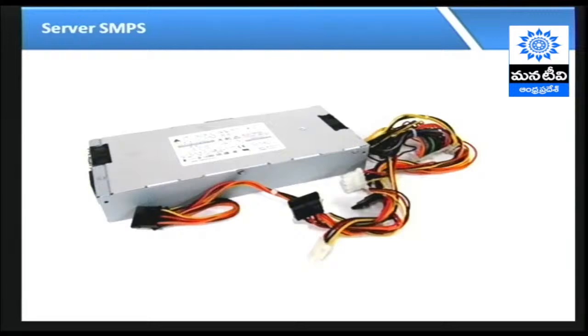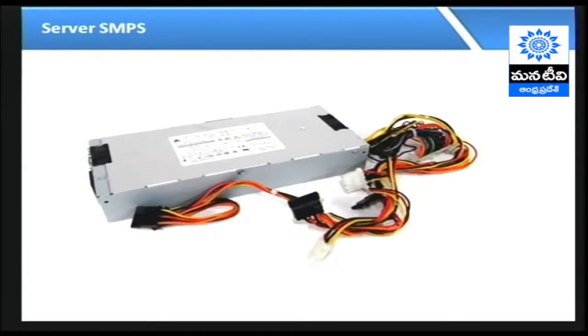But the server hardware platform is specially designed to keep two or more SMPSs. If the primary SMPS crashes, the secondary SMPS will distribute the required amount of power to the different components in the server. That is the main difference between a desktop or normal computer and a server.